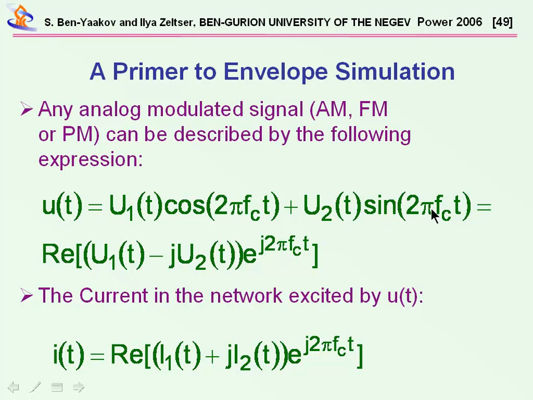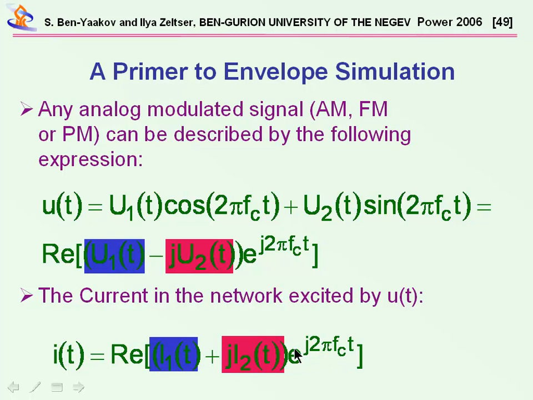Now, assuming that the output will also be of the same form, and I'm not going to go into detail again due to the shortage of time, we just handle these components and actually ignore the carrier, which is common to all and is a multiplier of all the expressions.